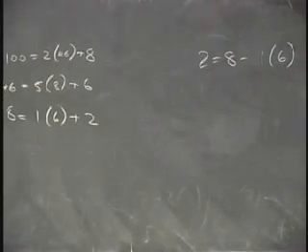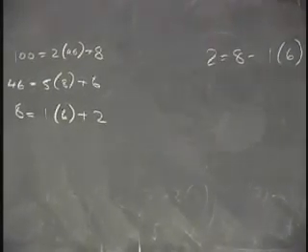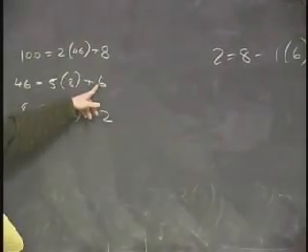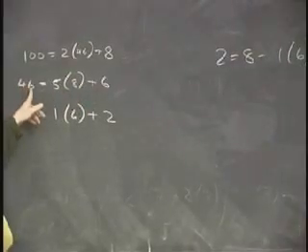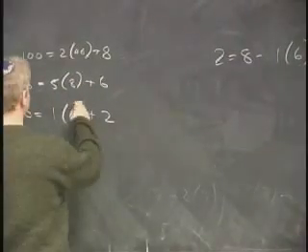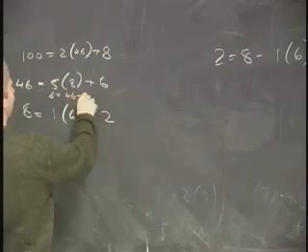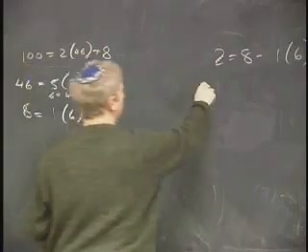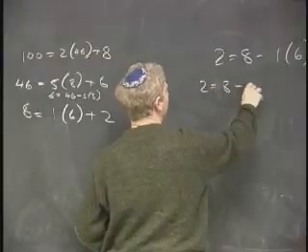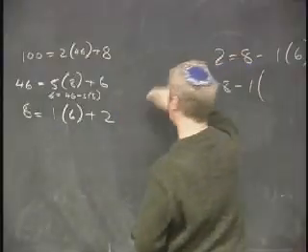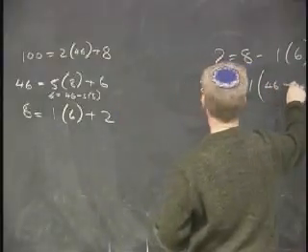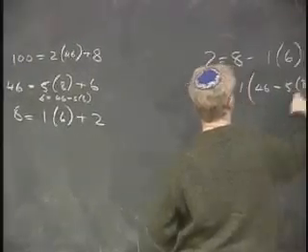We want to get rid of the 6. So we substitute in place of the 6 a combination of 8s and 46s. 6 equals 46 minus 5 times 8. So this becomes 2 equals 8 minus 1 times 46 minus 5 times 8.